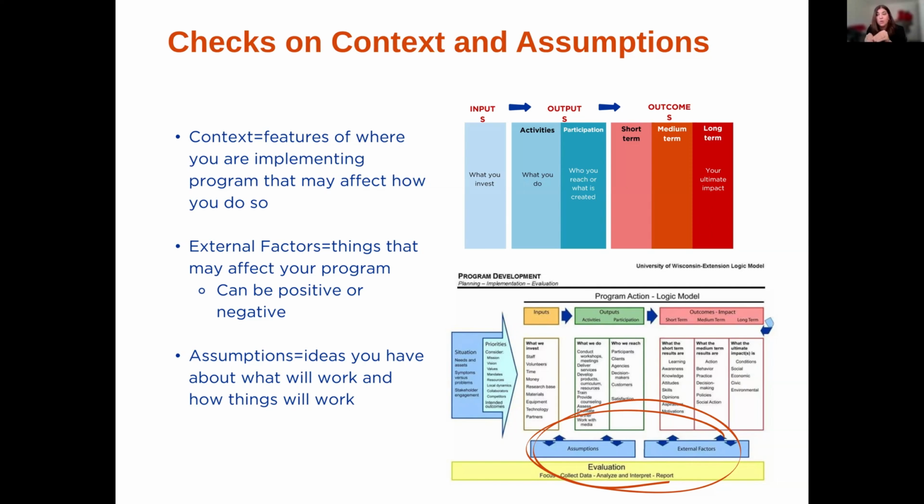If it is something that you think is going to get you as the leading staff member or other members of your team wrapped around the wheels and mired in details that maybe don't actually affect how your program's going to run, I would recommend either putting it in a totally separate document or just having it in something like your planning documentation, right? So you could have it maybe on your logic model, you could have it in a program plan, you could also just have it as a narrative section in your evaluation plan, which we talk about later. So not to say that any of these things are unimportant, just to say they don't necessarily always have to go on your logic model.